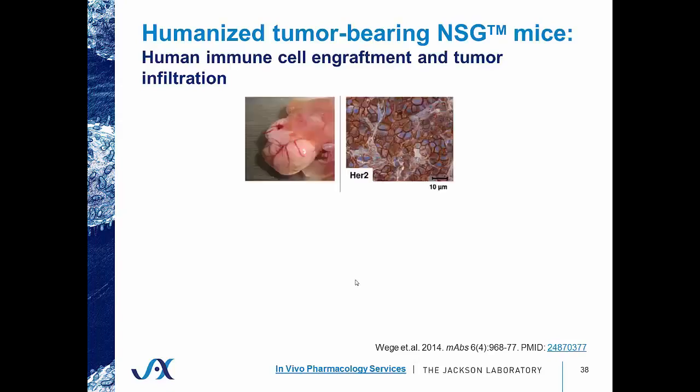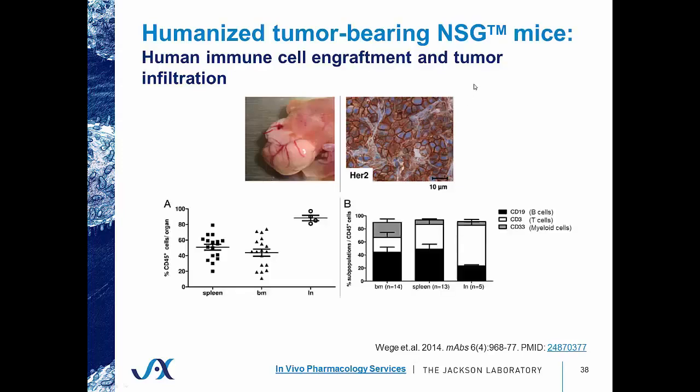I'm not going to be able to show you all the data, but the investigators did take those tumor cells and demonstrate that they grow into palpable tumors, as we can see on the left panel, and that they retained their HER2 positivity. They also looked at human immune cell populations in the spleen, bone marrow, and lymph node, and they saw substantial human CD45 positive immune cells in all of these organs.